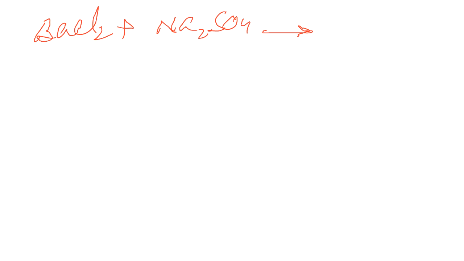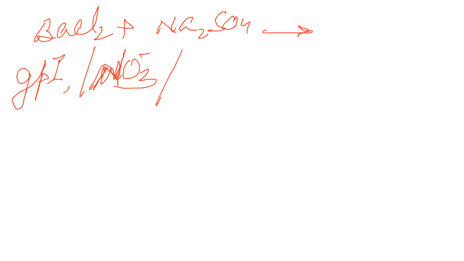So you should know the solubility rules I already explained in the chapter. Solubility rules: only the second group will react with any non-metal and you will get a solid product. And the first group, again I will write here, group 1 or NO3 or NH4 plus.